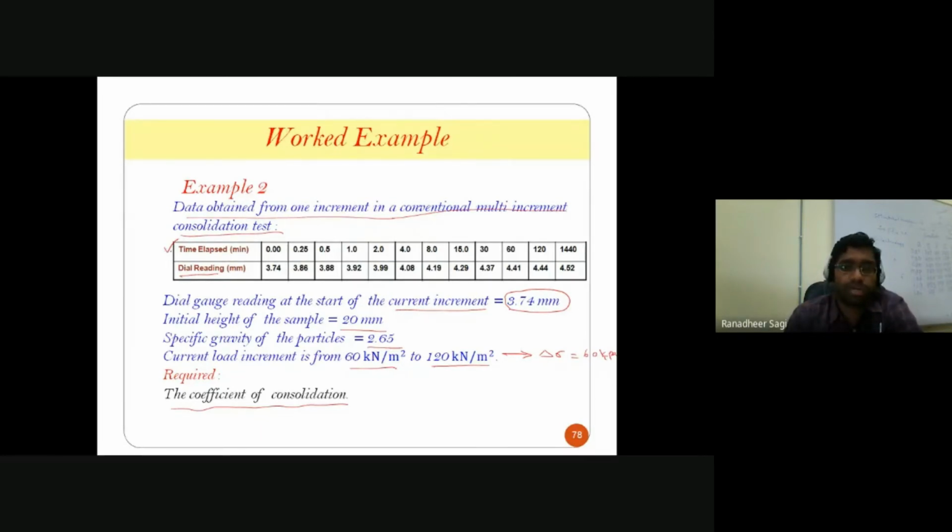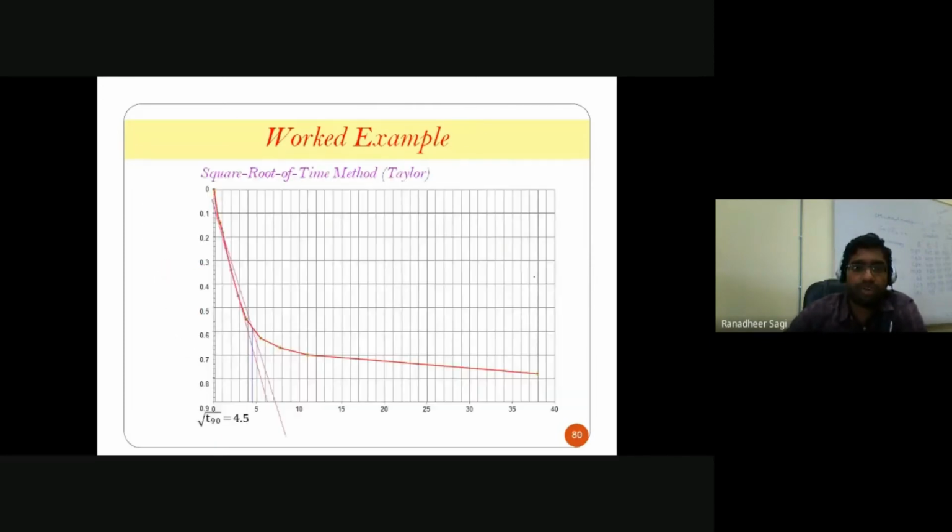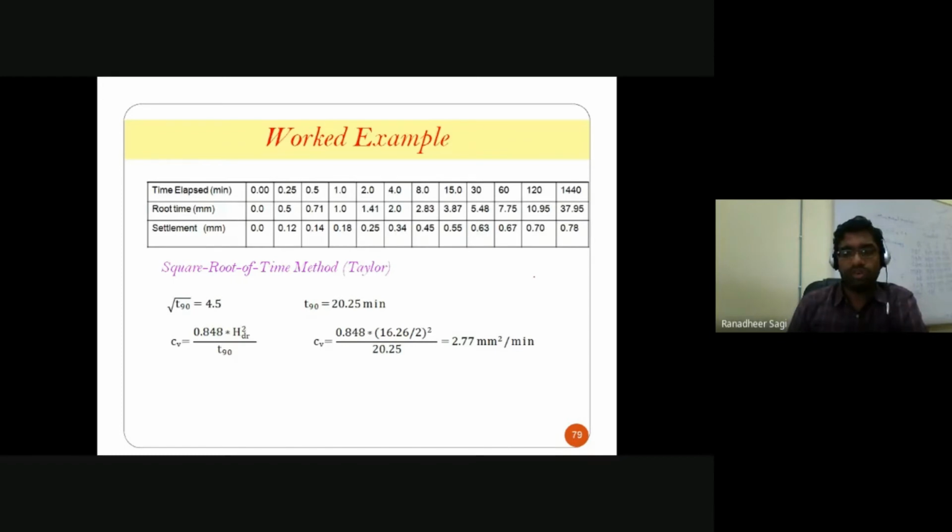In the case of the square root time method, we plot a graph of the square root of time on the horizontal axis, whereas on the vertical axis we indicate the settlement in the soil. Accordingly, we will solve for whatever is asked, that is the coefficient of consolidation. These two data are already given in the problem, and now our objective is to understand how much settlement took place in your soil sample.